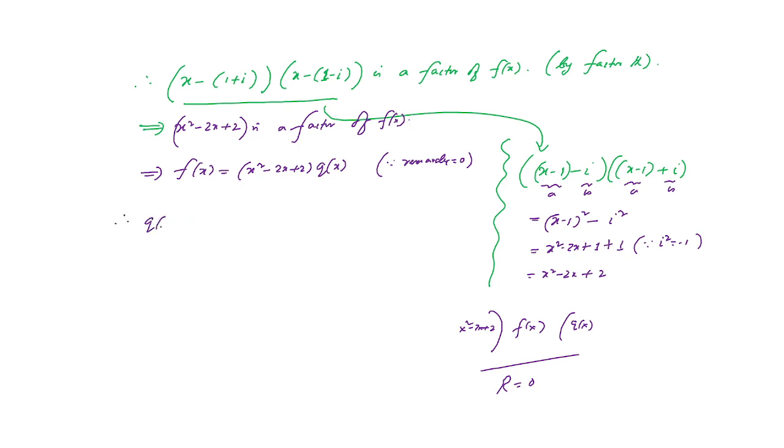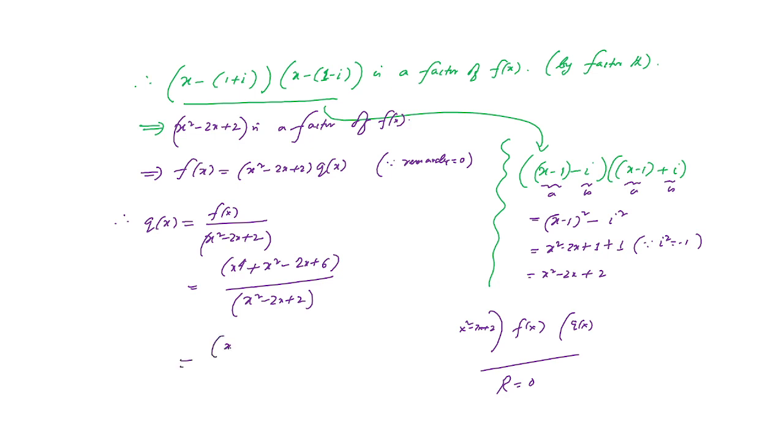The q(x) will be f(x) divided by x square minus 2x plus 2. What is f(x)? X to the power 4 plus x square minus 2x plus 6, divided by x square minus 2x plus 2. Since it is a factor, obviously we can write the numerator as x square minus 2x plus 2 multiplied by something.